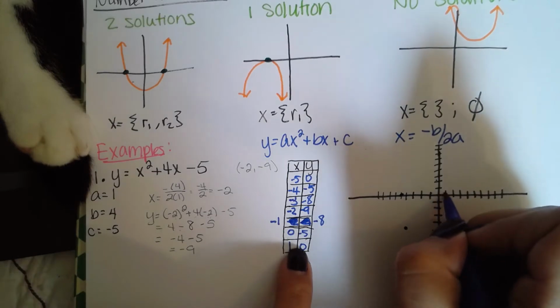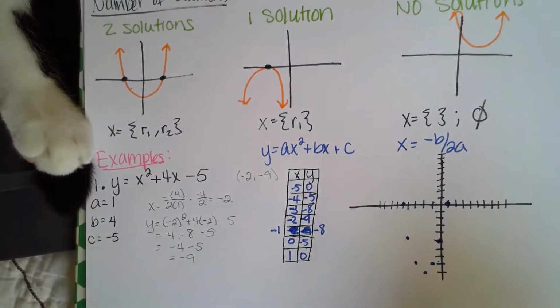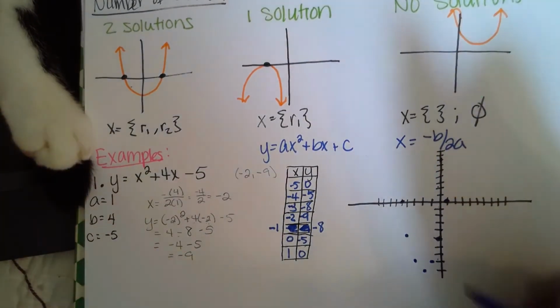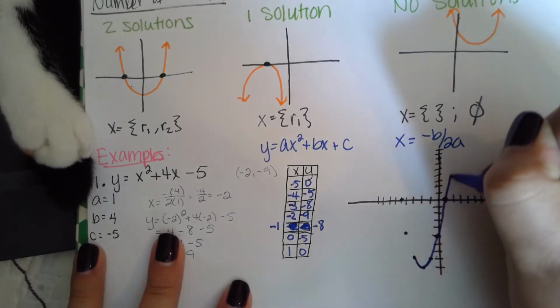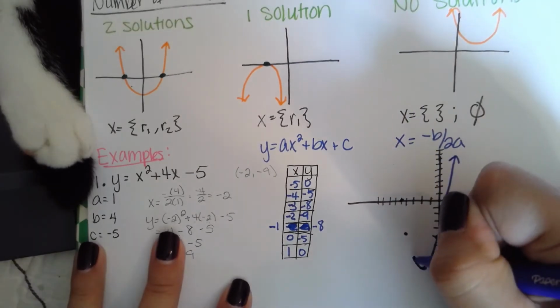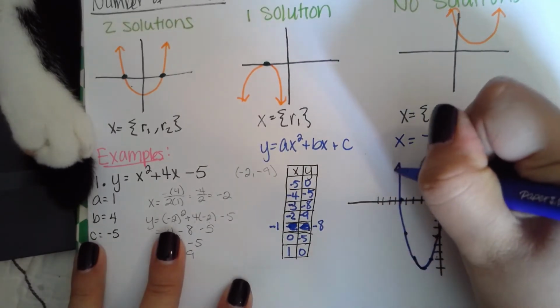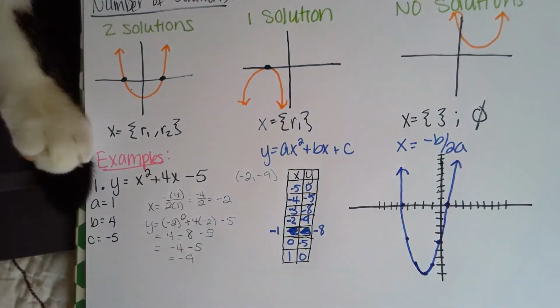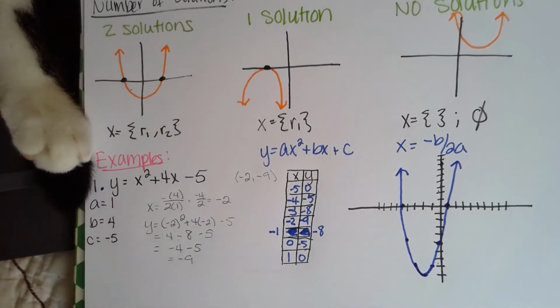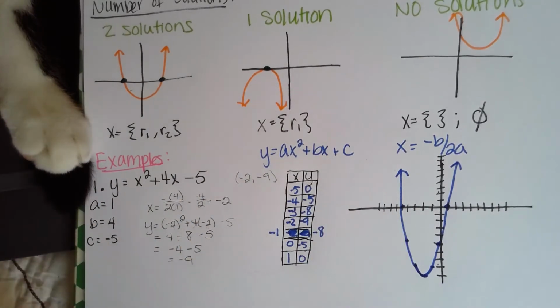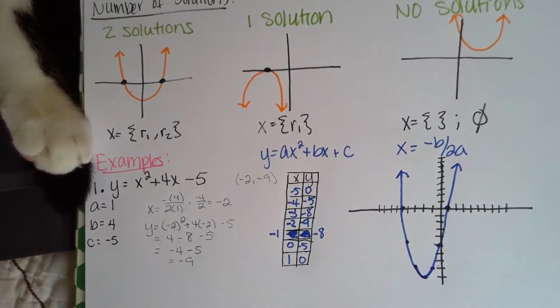You can also see them in your table: when you put in your x value of -5 and it spits back out a 0, that's one of your roots. If you get back a 0, that's your root. When you graph it and put your dot on the x-axis, guess what? That's a root. If you see it crosses at this spot right here, that's your root.